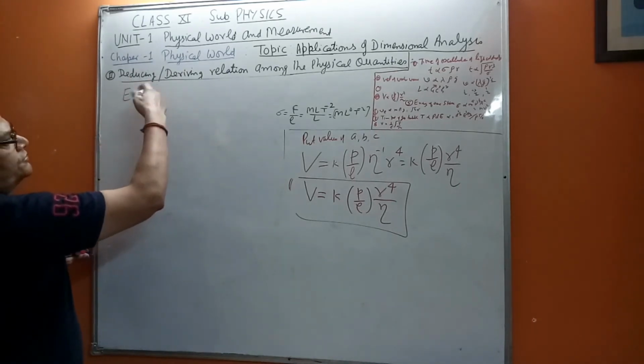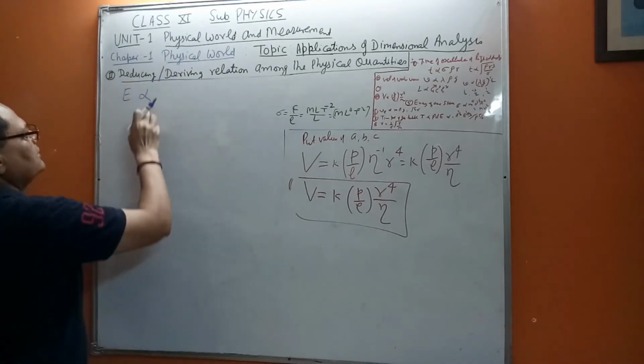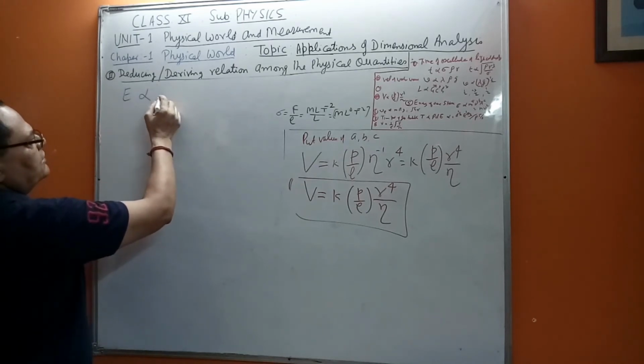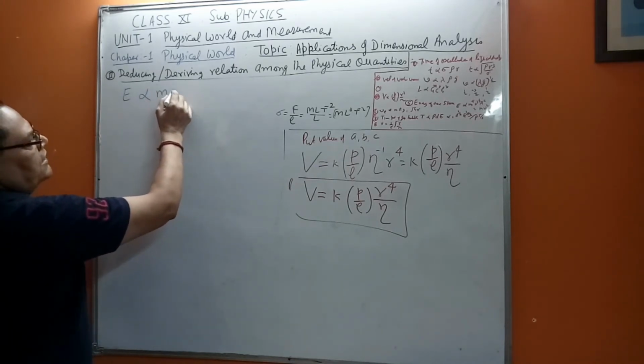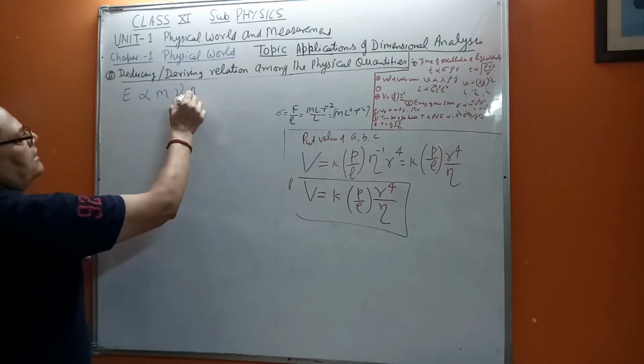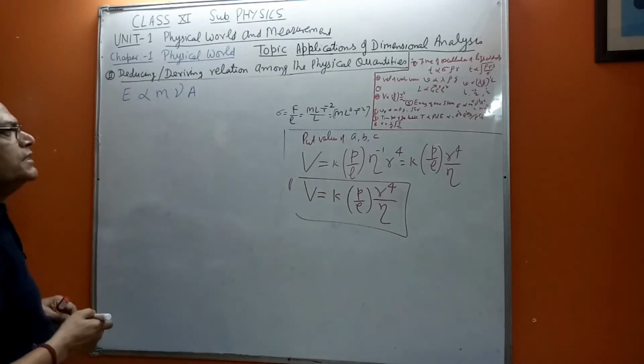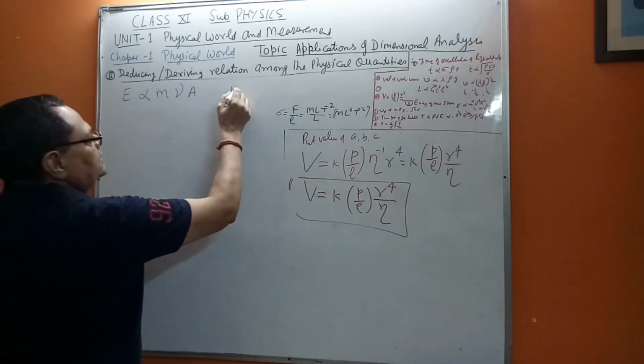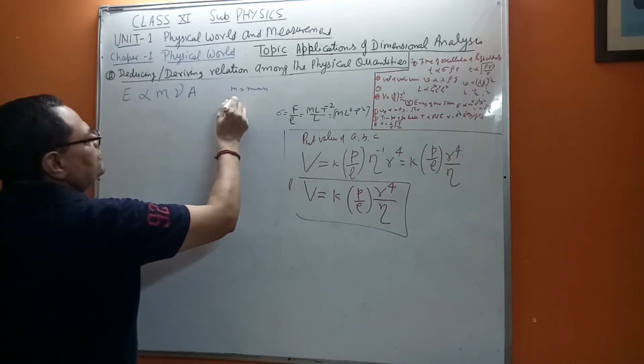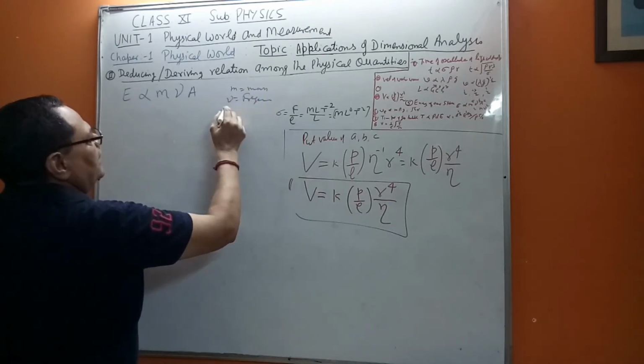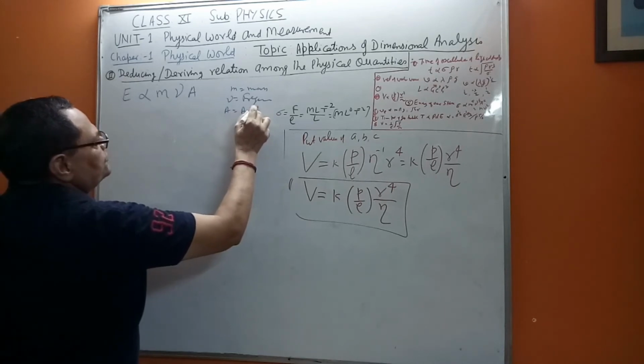So the energy of an oscillating particle in SHM, simple harmonic motion, say depends on the mass, the frequency and of course the amplitude. So please remember, m is the mass, nu is the frequency, and a is the amplitude.